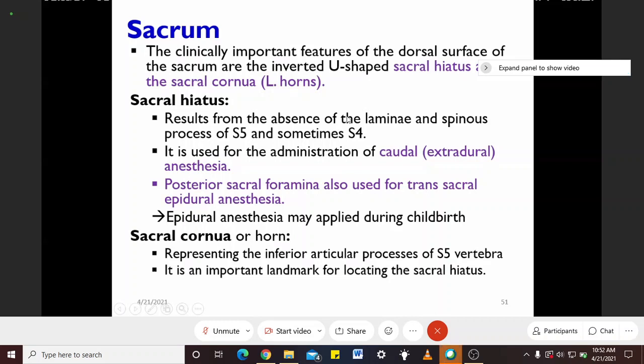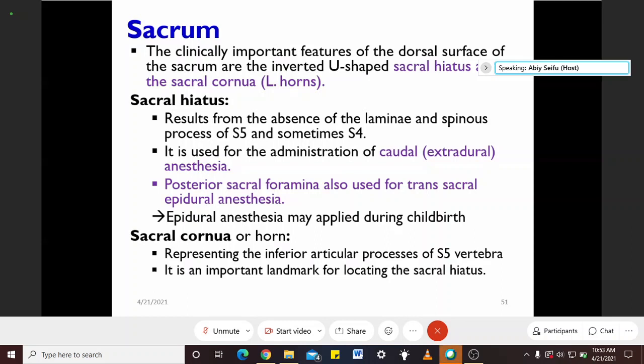Now let's see the hiatus. This hiatus is found on the inferior part of the sacrum posteriorly, and is formed by the failure of fusion of the laminae of S5 and sometimes S4, but most of the time the laminae as well as the spinous process of S5.